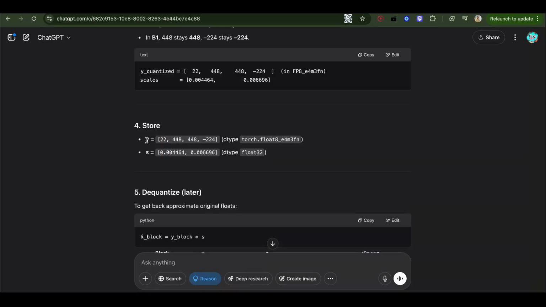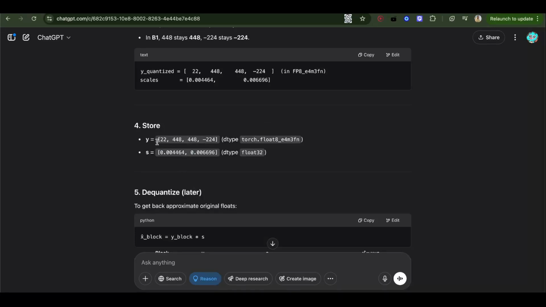So we will store our tensor in the type that I explained earlier, float 8, exponent 4, mantissa 3, finite only, and scales will be stored in float 32 because we need to have them precisely stored. You see here these numbers. I don't think it would be possible to represent them in float 8, and they would just be rounded to 0, so we would lose our scales.